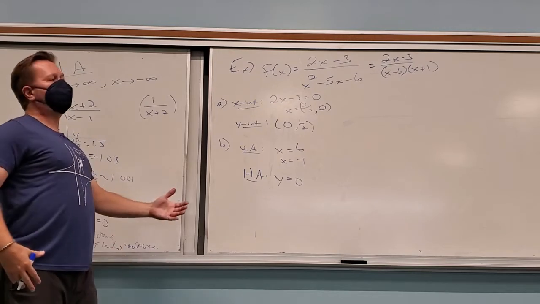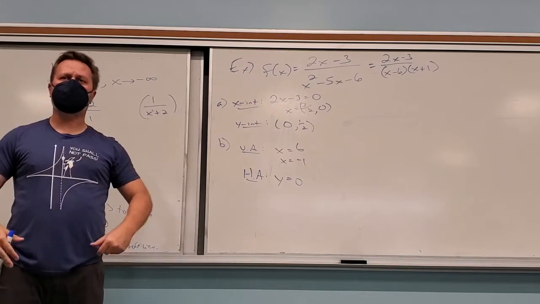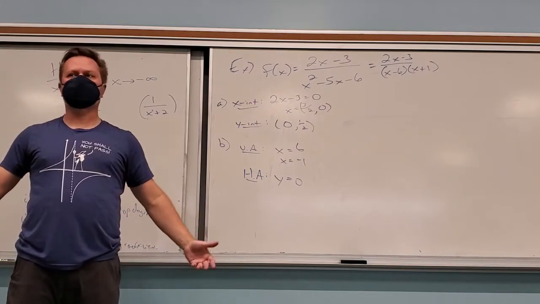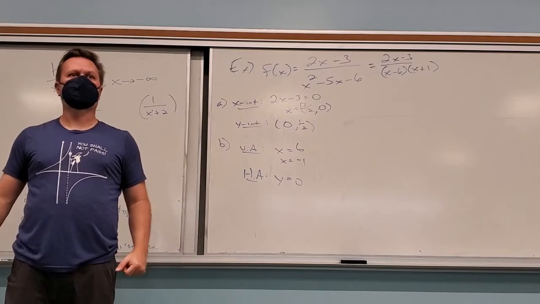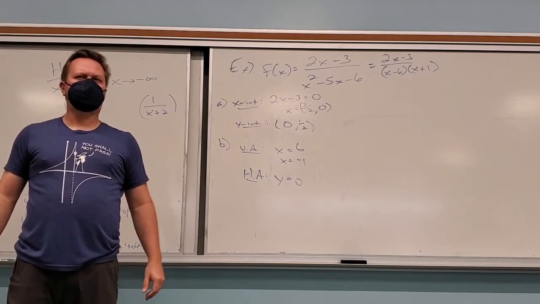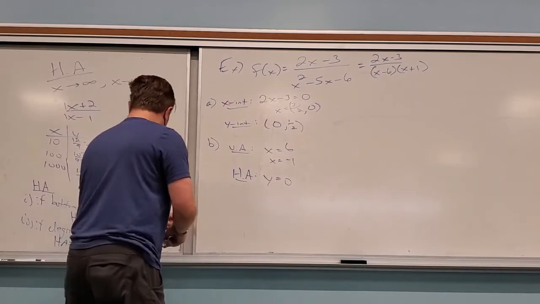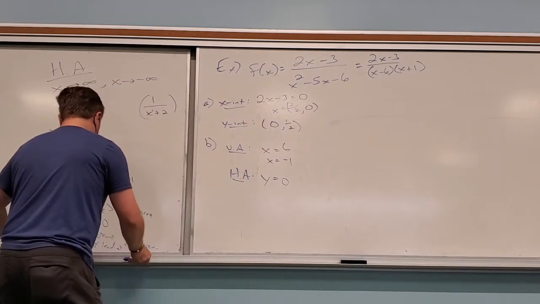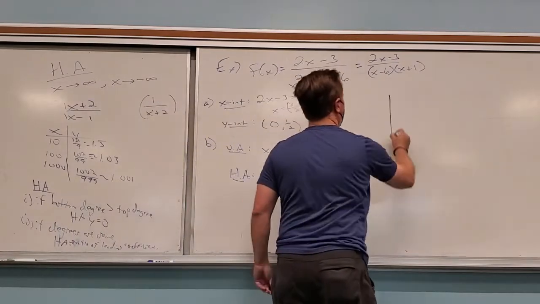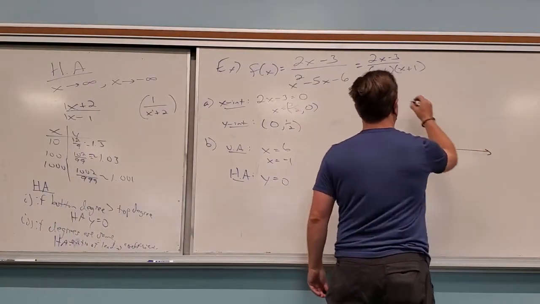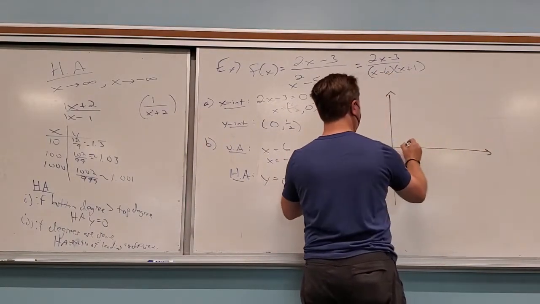So if the top was squared, the second degree, and the bottom is the third degree, y equals 0 is the horizontal asymptote. Okay, so let's put this all together here. I've got 6.